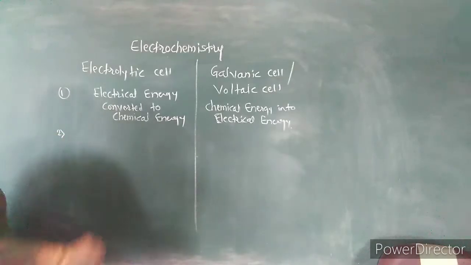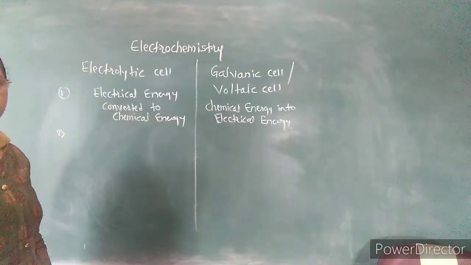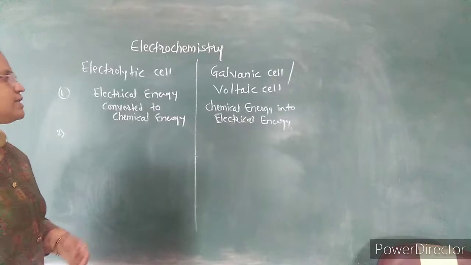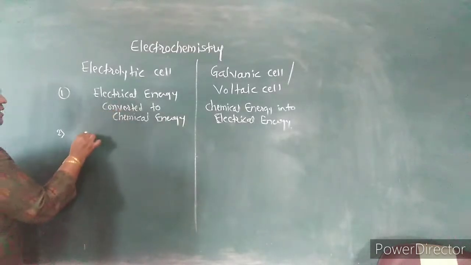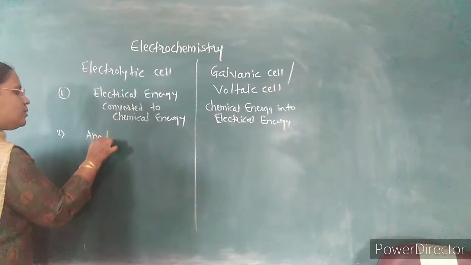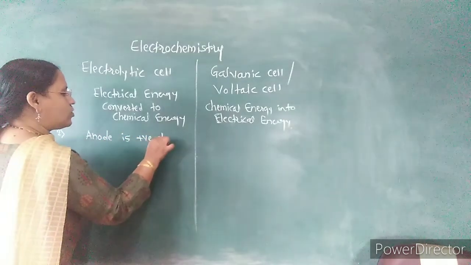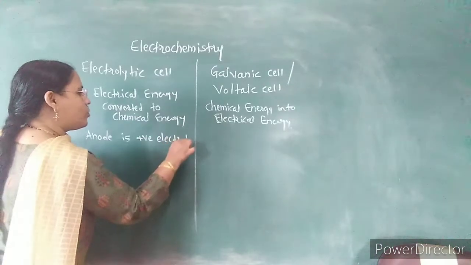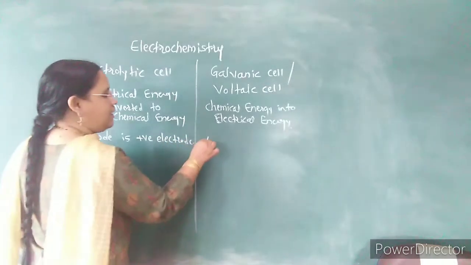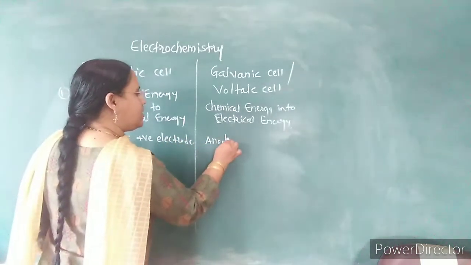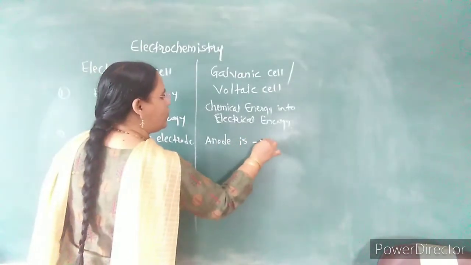If you have to distinguish between these two, the first point is regarding how conversion occurs. What is the second point? In electrolytic cell, anode acts as a positive electrode. While in galvanic cell, generally anode is negative.